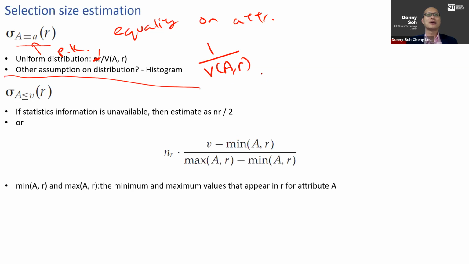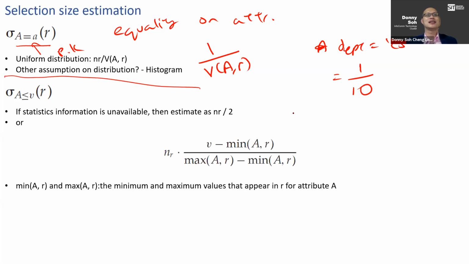Let's say department equals CS, and there are 10 departments. The probability of that is going to be 1 divided by 10.